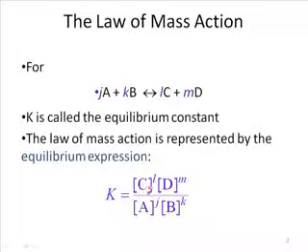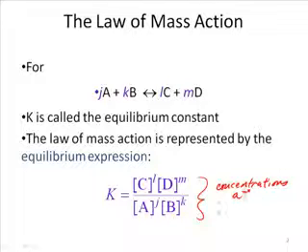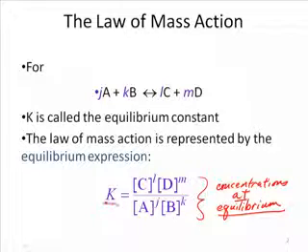The thing we want to remember is that K is the equilibrium constant, so the concentrations we use are those at equilibrium. When the system reaches equilibrium, the value of each of these concentrations is what we use to find the equilibrium constant.